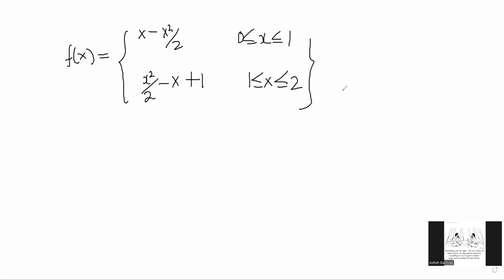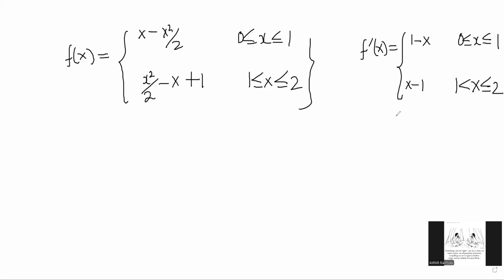And now we can easily figure out the options. You can see that f dash x would be 1 minus x for 0 less than x less than or equal to 1, and x minus 1 for 1 less than x less than or equal to 2, right? After differentiating, notice that f dash 1 is going to be 0 from both sides.